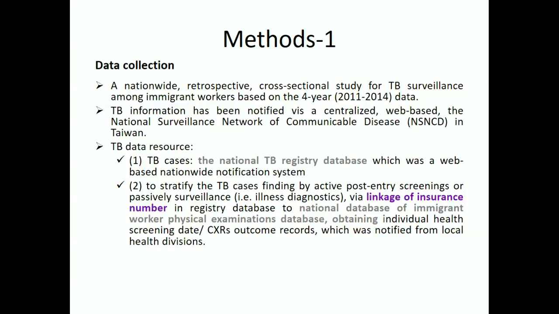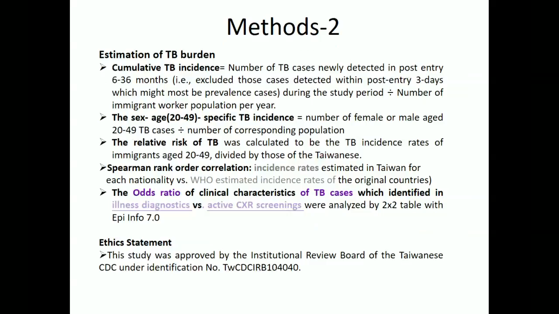The insurance number was linked with the database of the National Immigrant Worker Physical Examination to obtain the detailed screening dates. To estimate the TB burden, we used the cumulative incidence, which included those cases detected within 3 days post-entry, which might be the prevalent cases.